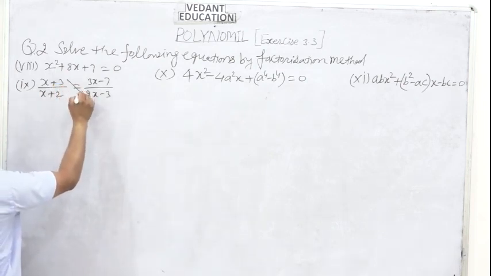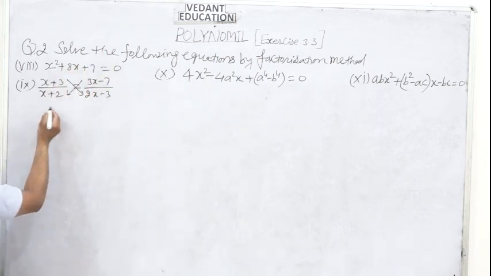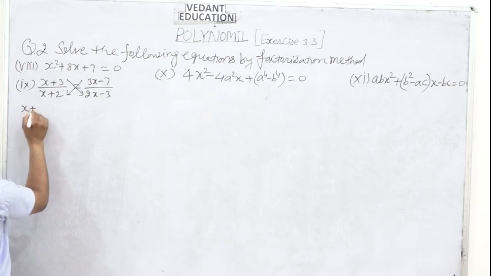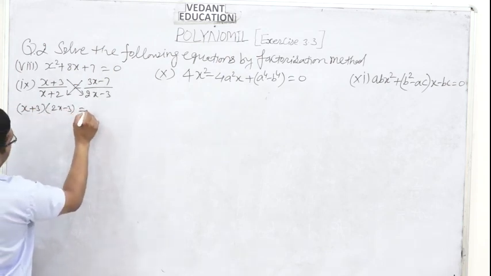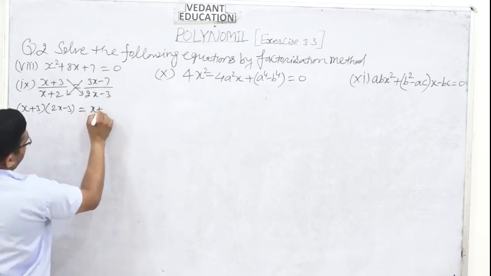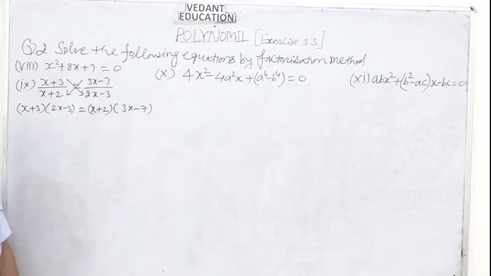For simplification, first we cross multiply. So x plus 3 multiply 2x minus 3 is equal to x plus 2 multiply 3x minus 7.